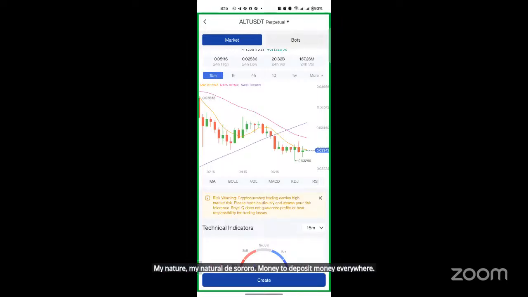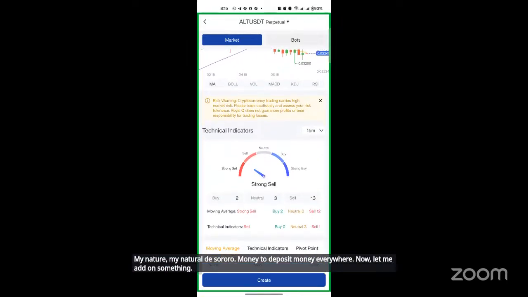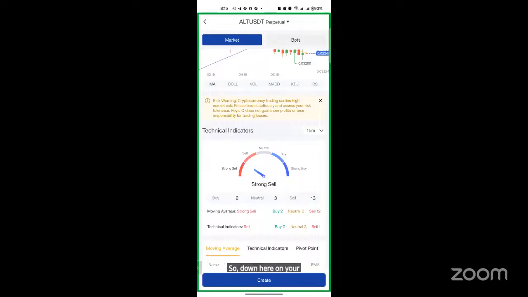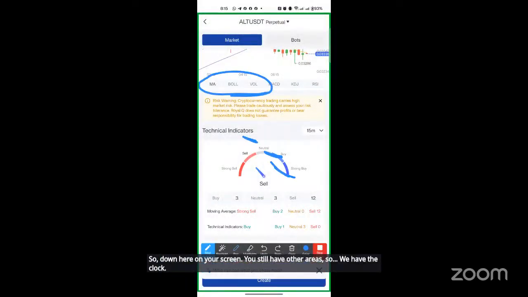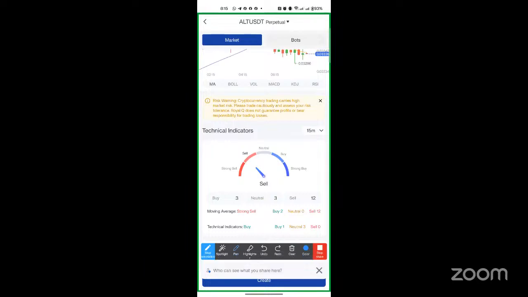Now, let me add on something. Down here on your screen, you still have other areas. So we have the clock. This clock tells you what is happening on technical indicators.